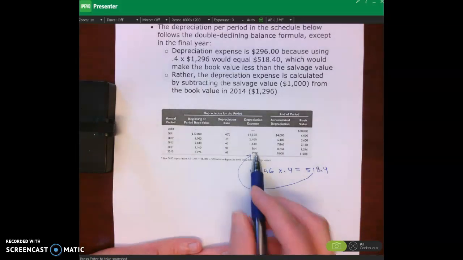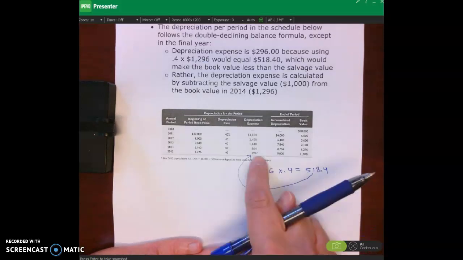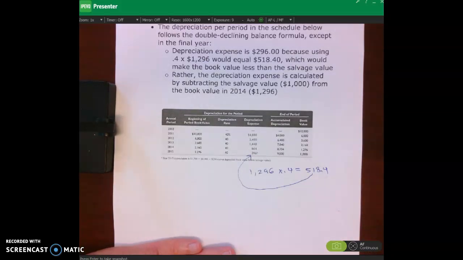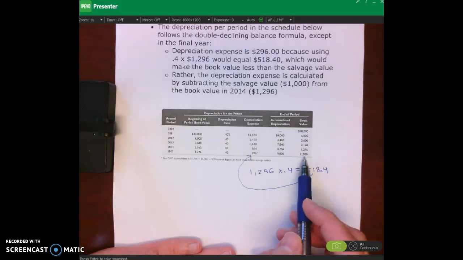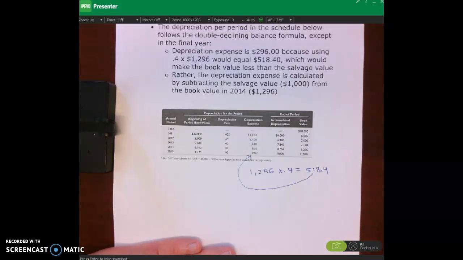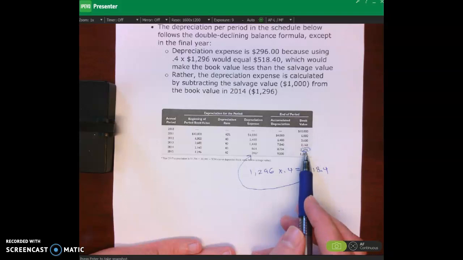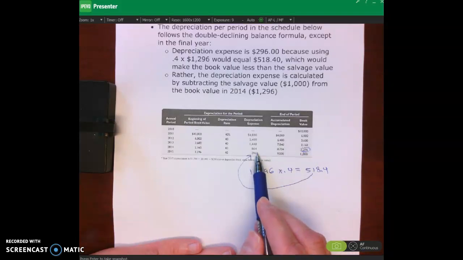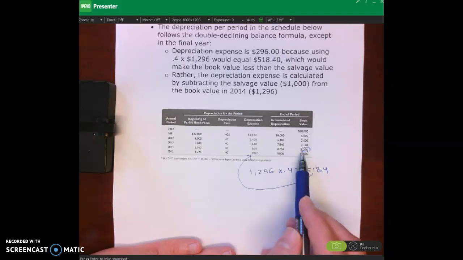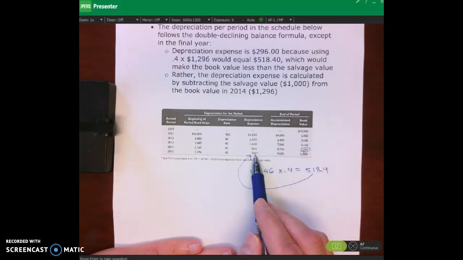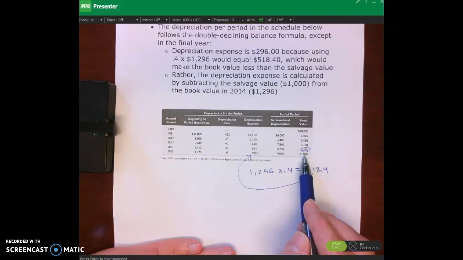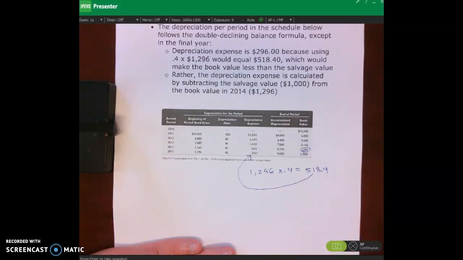But look, it's $296. It's not $518.40. Why is it $296 and not $518.40? Well, remember, I can't depreciate below the salvage value. Here I'm at a book value of $1,296. So I can only recognize an additional depreciation expense of $296 because $1,296 minus $296 gets me to my book value of $1,000, which is my salvage value, and I can't have my book value go lower than my salvage value.